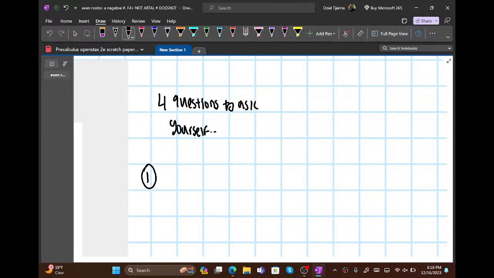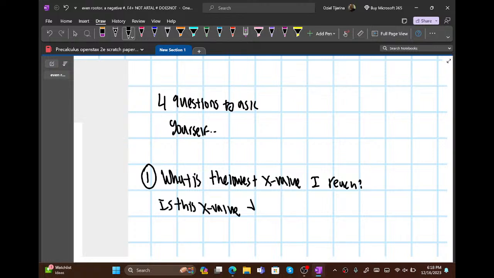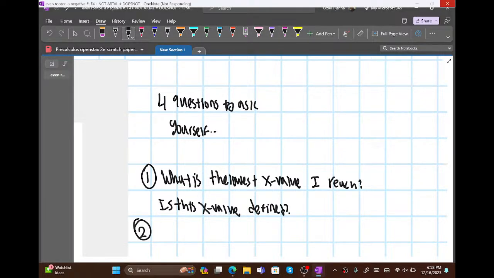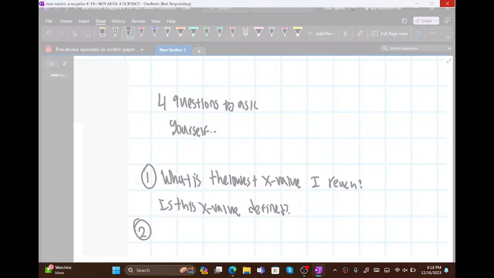Number 1, what is the lowest x value I reach? Is this x value defined? Number 2, what is the highest x value I reach? Is this x value defined? This part would be for the domain.